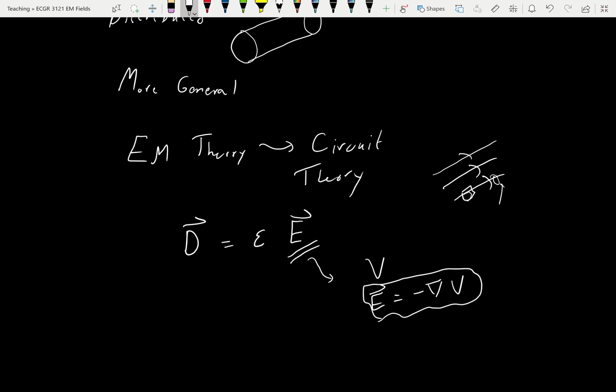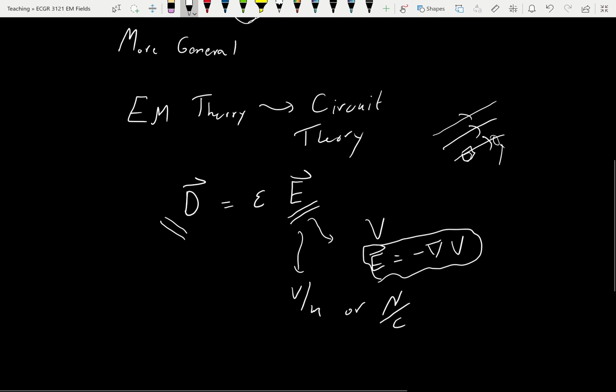But it's the same thing. E has units of volt per meter or Newton over Coulomb, which are the same thing.